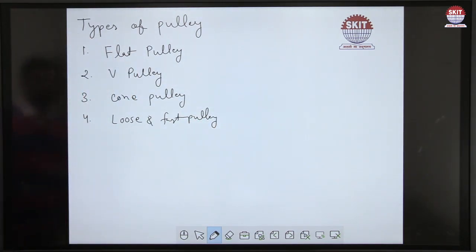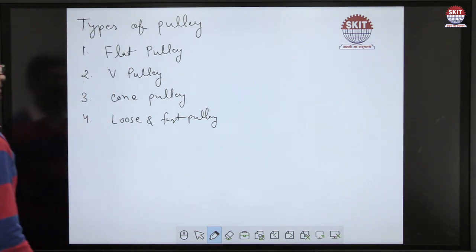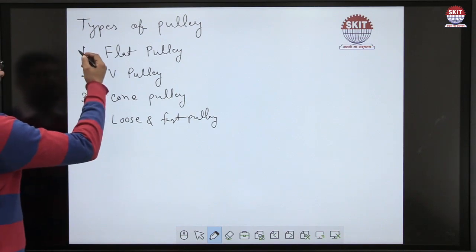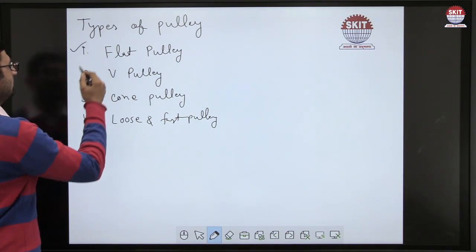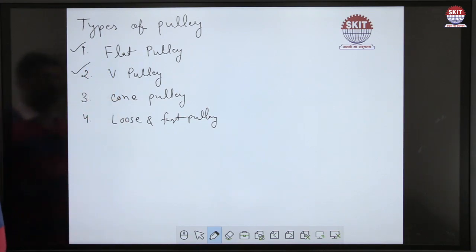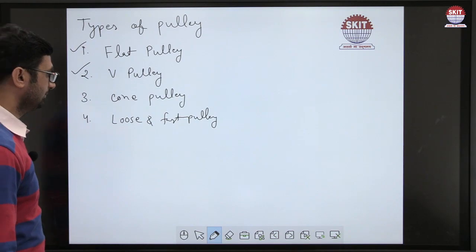Okay, these are the different types of pulleys, and in this subject we cover flat pulley and V belt pulley. We do not study the cone pulley and loose and fast pulley.